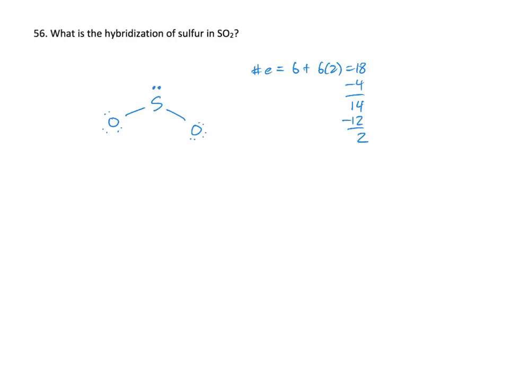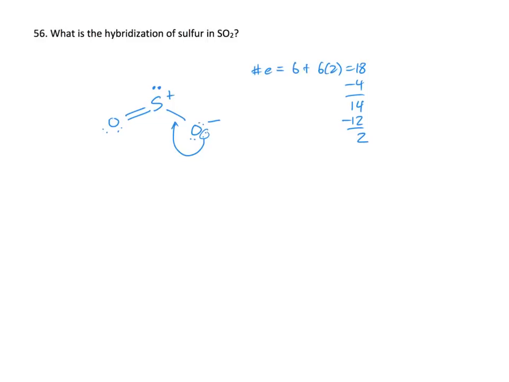We do not have a full octet on the central sulfur, so we need to move 1 electron pair down. So let's use these ones here. We're going to erase them and make a multiple bond. So we're closer. However, this structure still isn't ideal because we have formal charges on the oxygen of -1 and the sulfur of +1, which we can eliminate by taking another pair of electrons down.